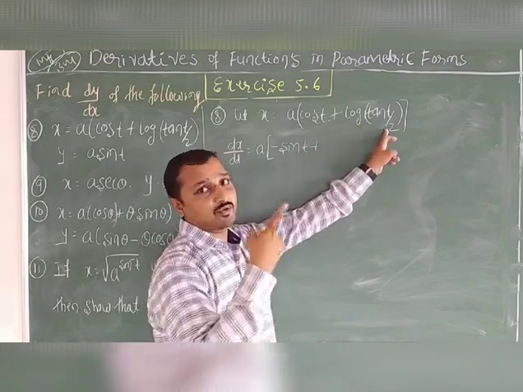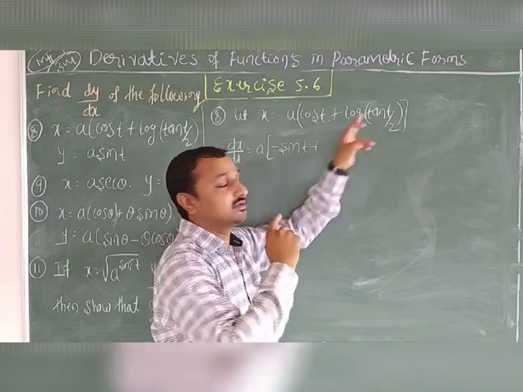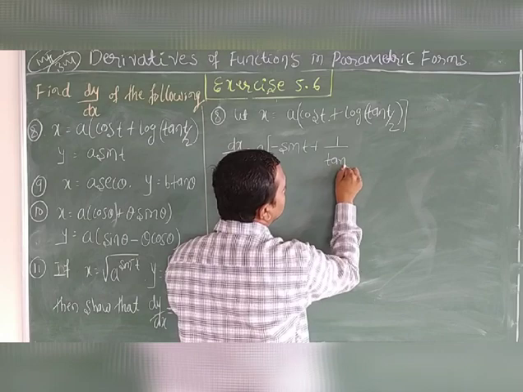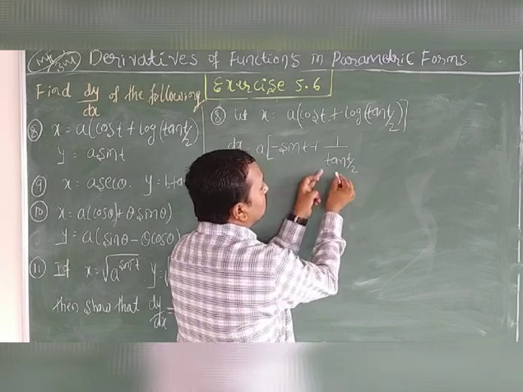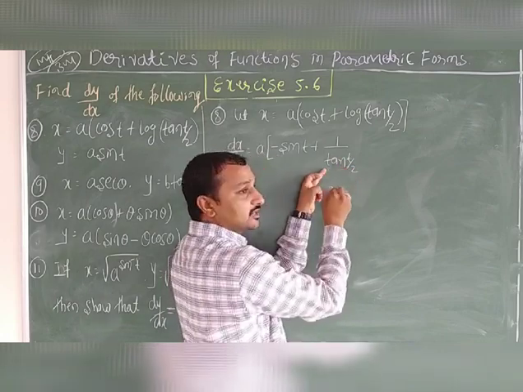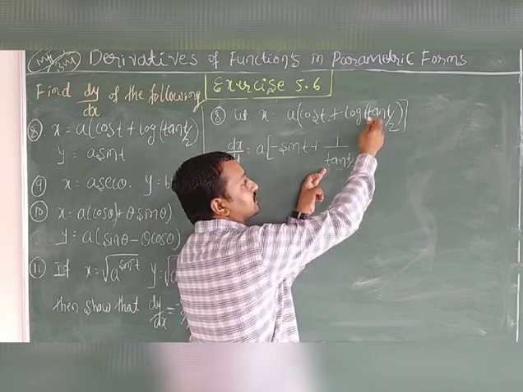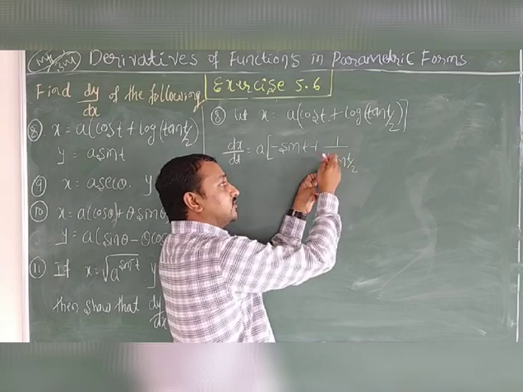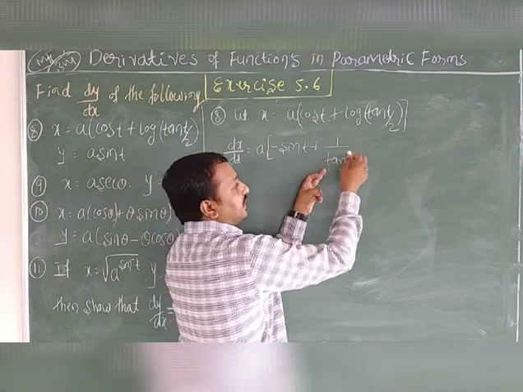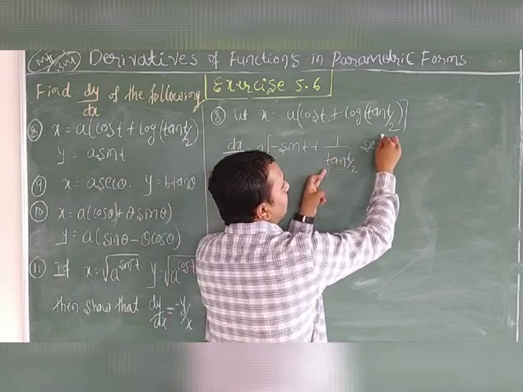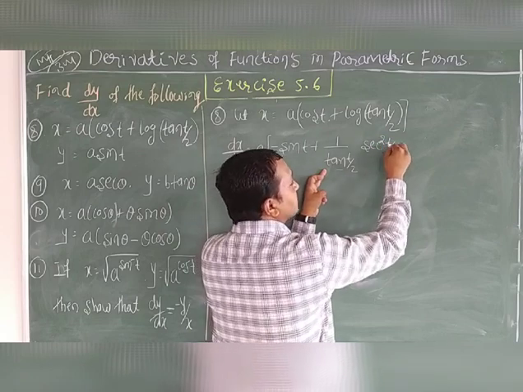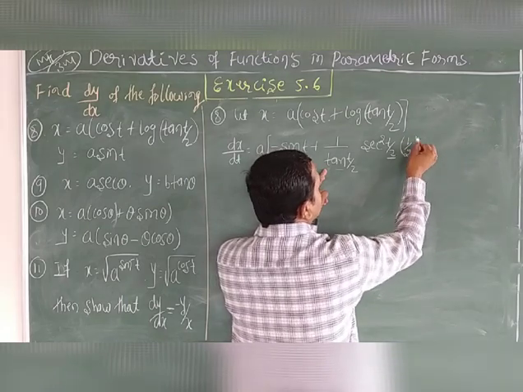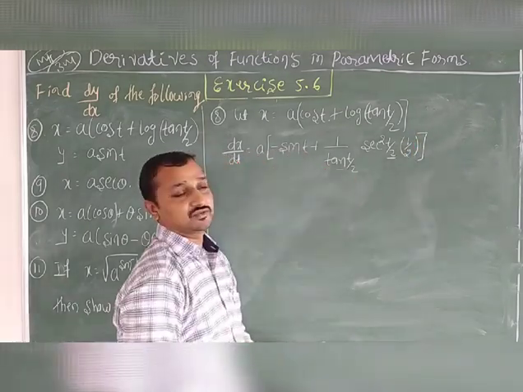Derivative of log x is 1 divided by x. Instead of x, tan t by 2 is there. Then the derivative of tan is sec square t by 2 with respect to t by 2, which is 1 divided by 2. It is clear that this is a successive chain rule.